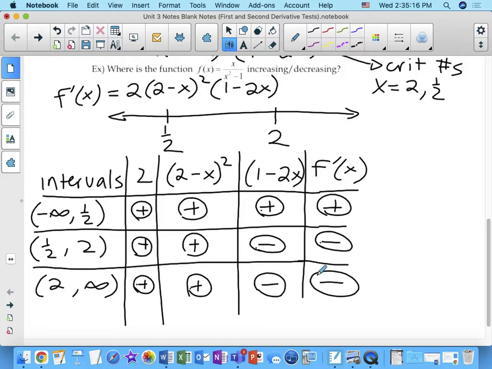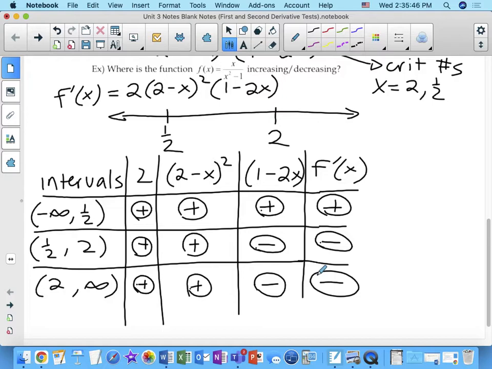So for this function, the function is increasing in this interval and decreasing in these two intervals. Now, because this function is continuous, because the critical numbers were not points of discontinuity, we can join these two together.